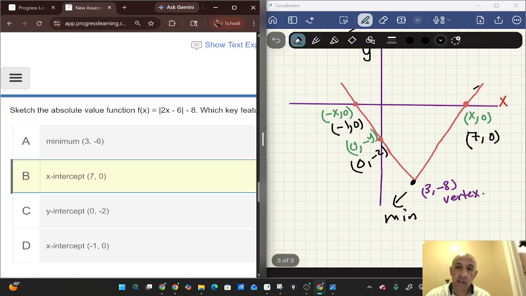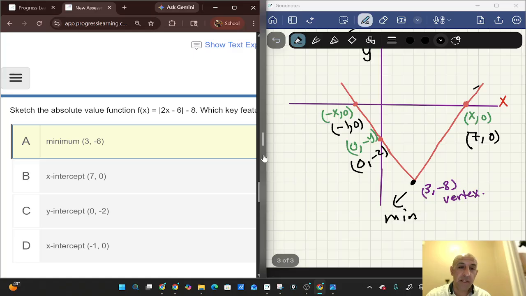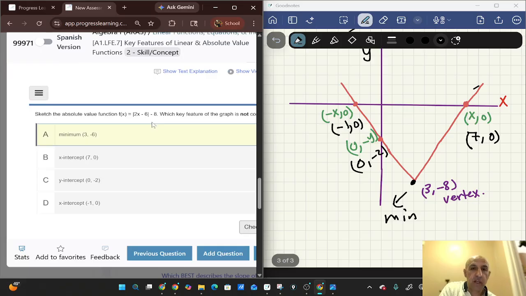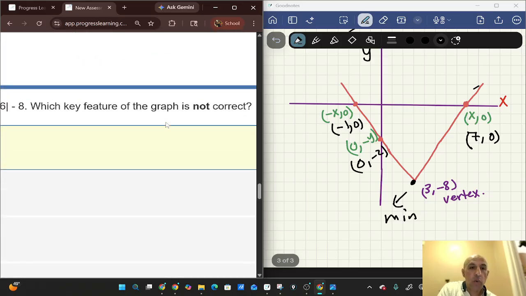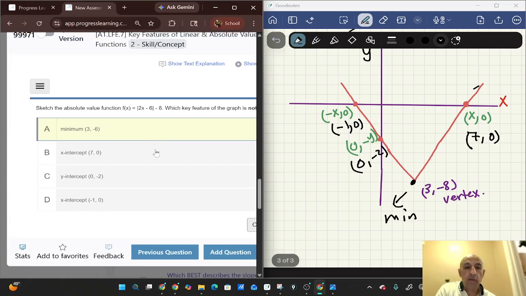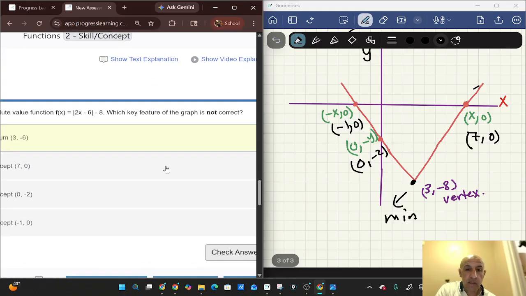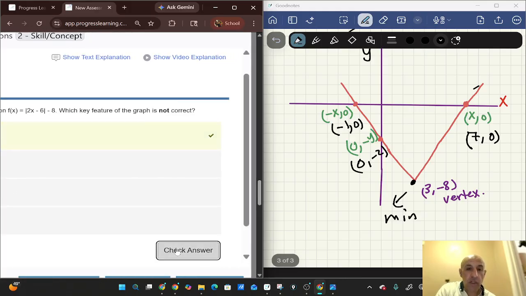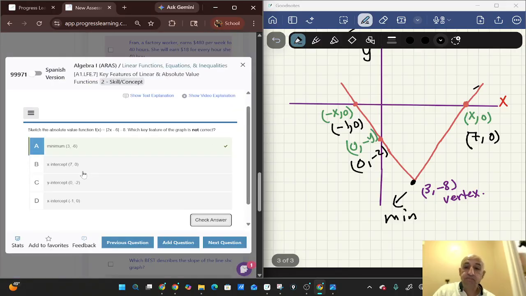Yes, we have that as well. So option A is the only option that is not right. If you look carefully at the question, you can see it asks which key feature of the graph is not correct. So B, C, D are correct, but option A is not correct, and this is what I need to choose for this question.